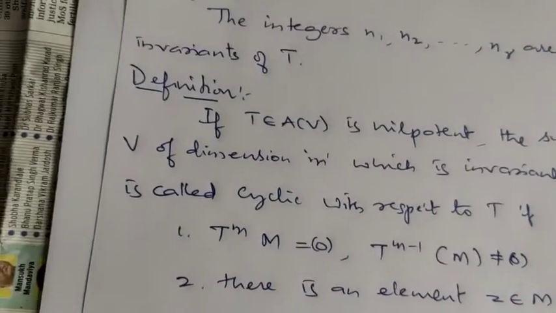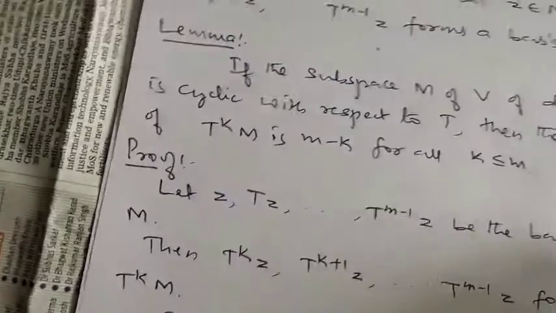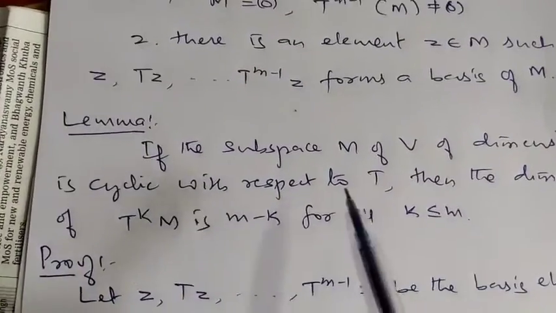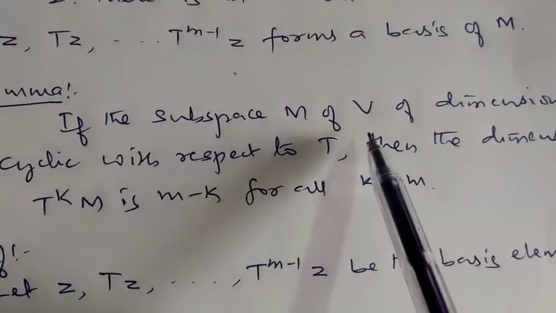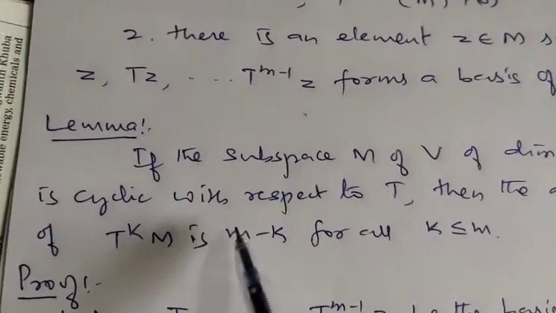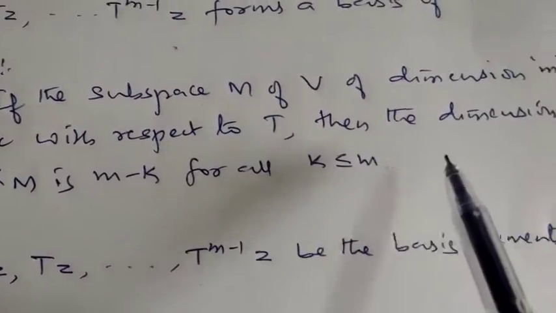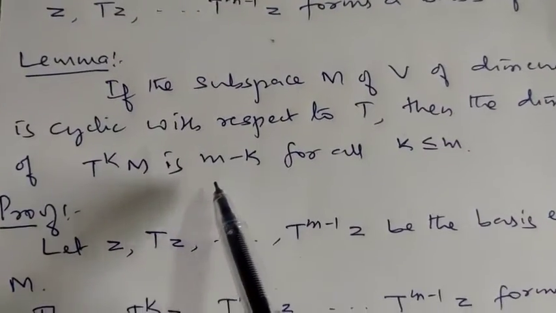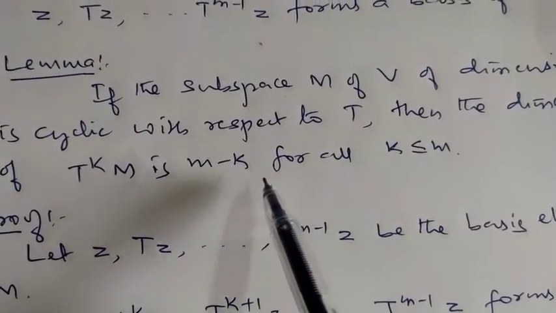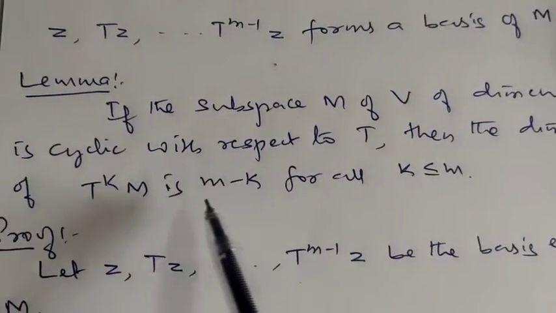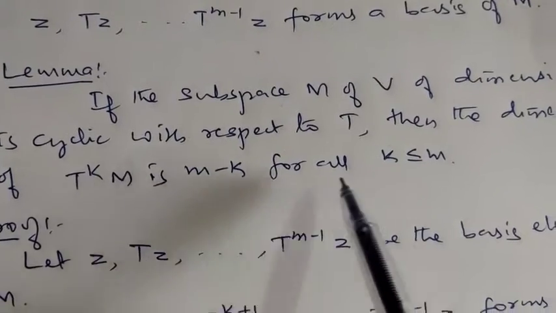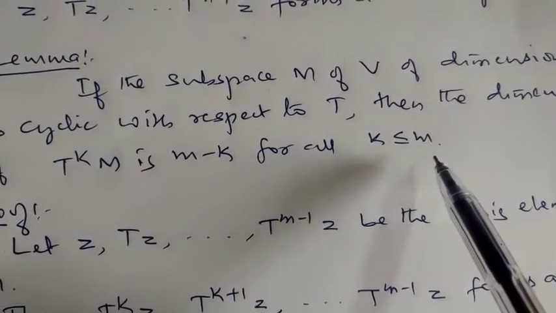So now let's take up a small result, which is stated as a lemma. If the subspace M of V of dimension m is cyclic with respect to T, then the dimension of T^k(M) is m minus k for all k less than or equal to m.